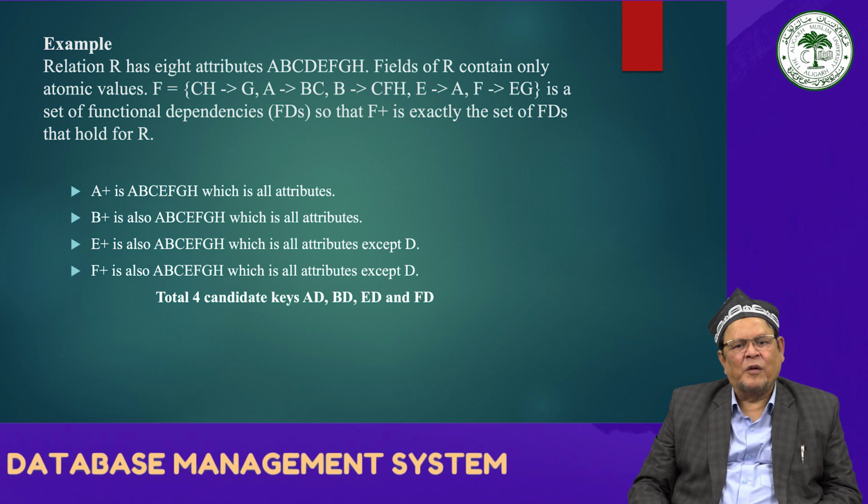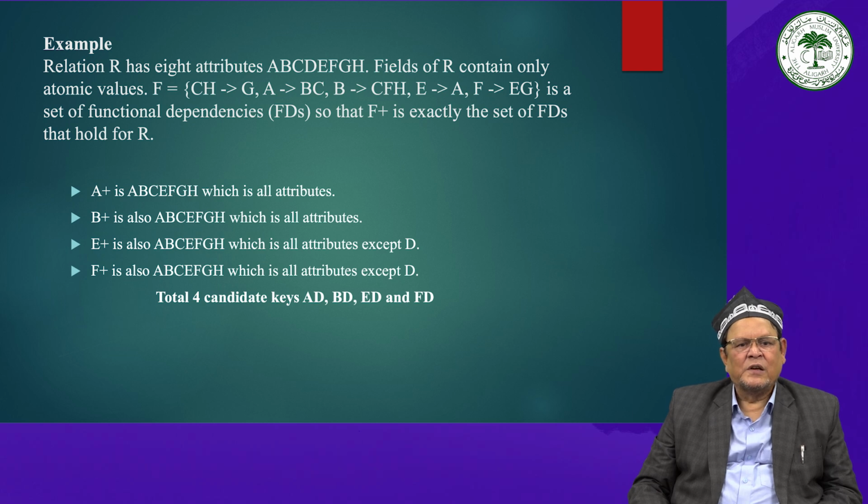Let's take another example to understand it better. In this example, relation R has attributes A, B, C, D, E, F, G, H. The fields of R contain only atomic values.